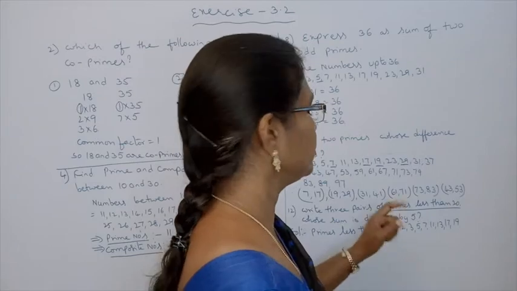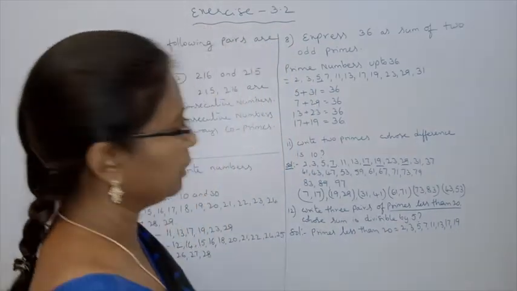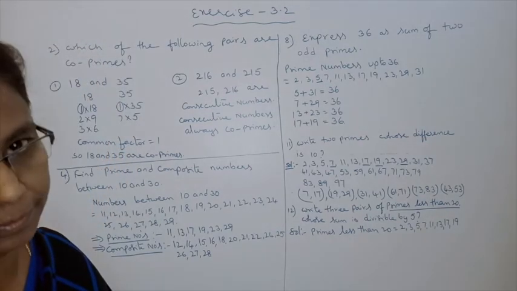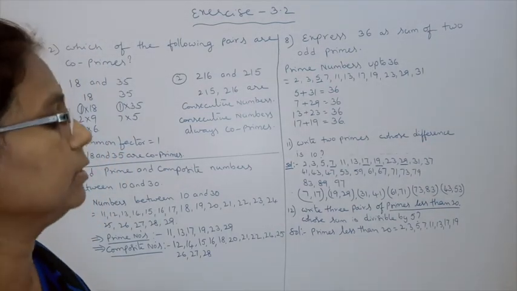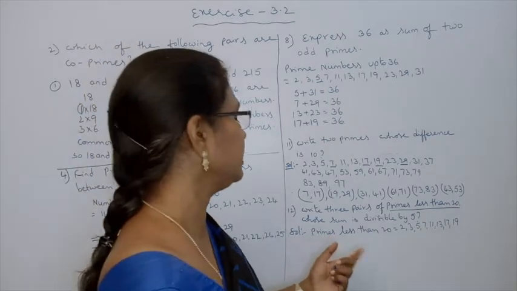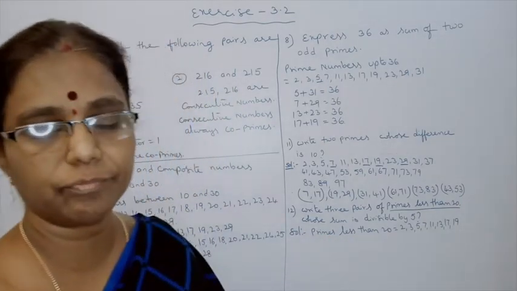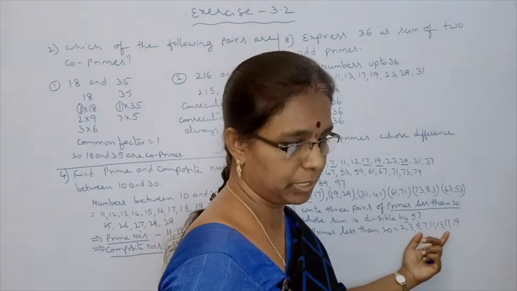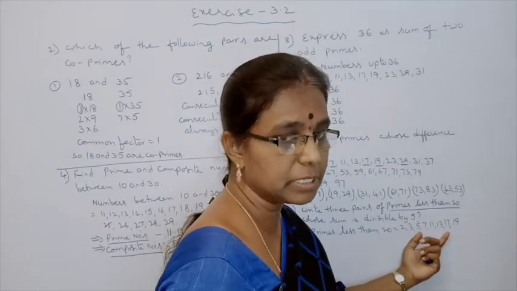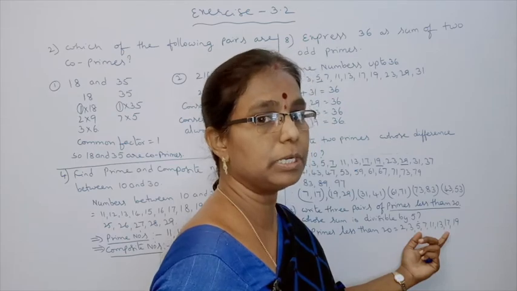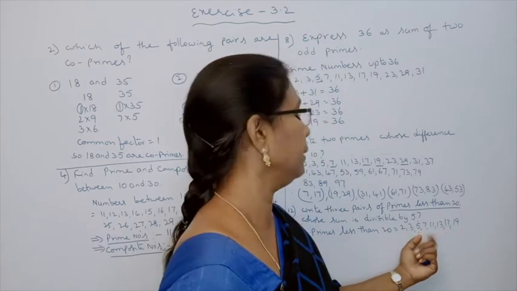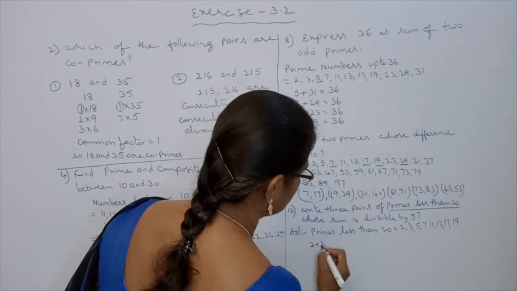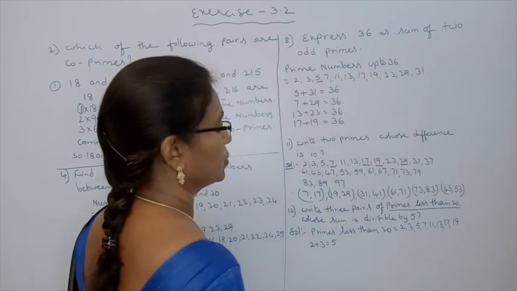Whose sum is divisible by 5. If you add any two numbers, you have to get a number divisible by 5. What are the numbers divisible by 5? 5, 10, 15, 20, 25 and so on. If you add any two of these primes, you have to get a multiple of 5. First we take 2 plus 3 is equal to 5.